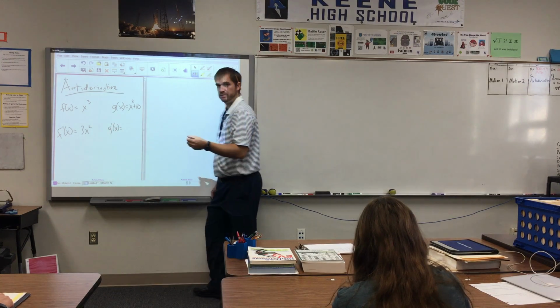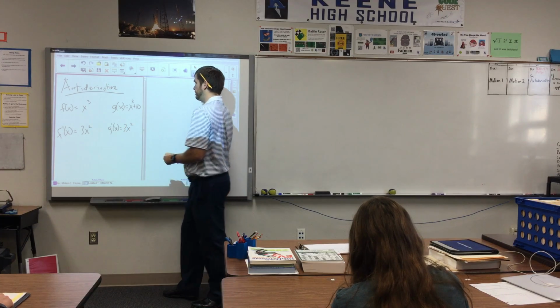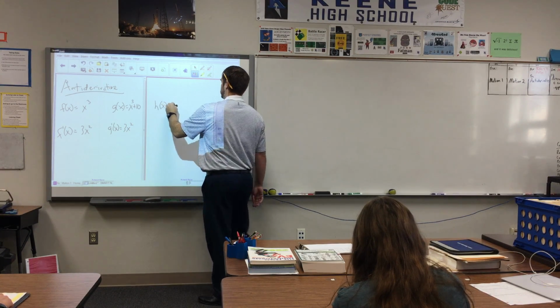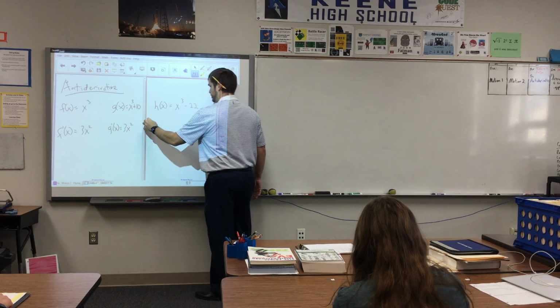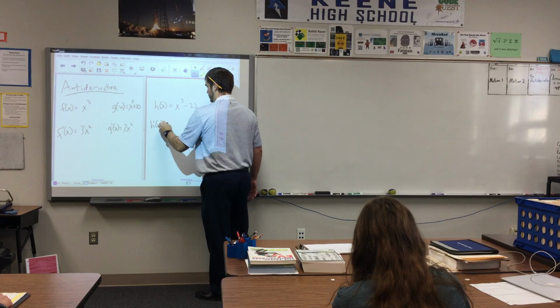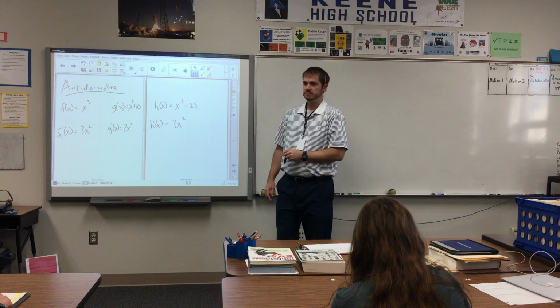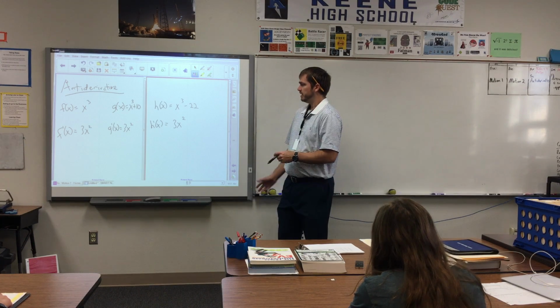What's the derivative? 3x squared. If I have h of x equal to x cubed minus 22, the derivative is 3x squared. That's kind of interesting.